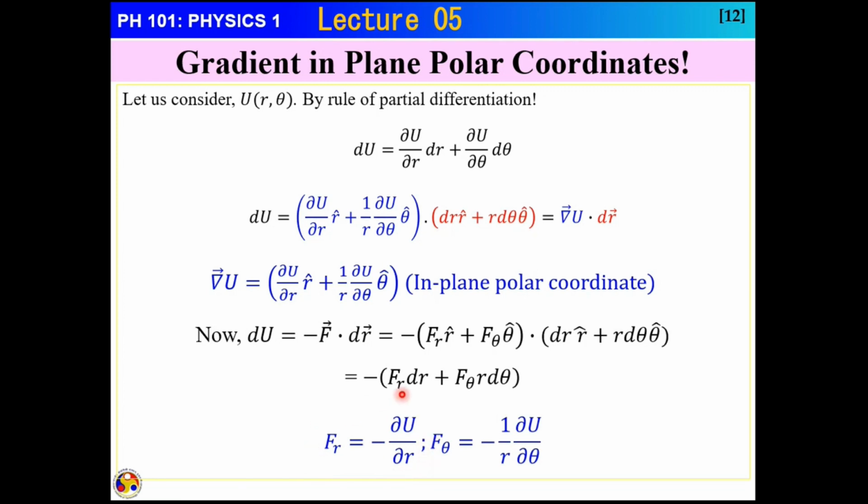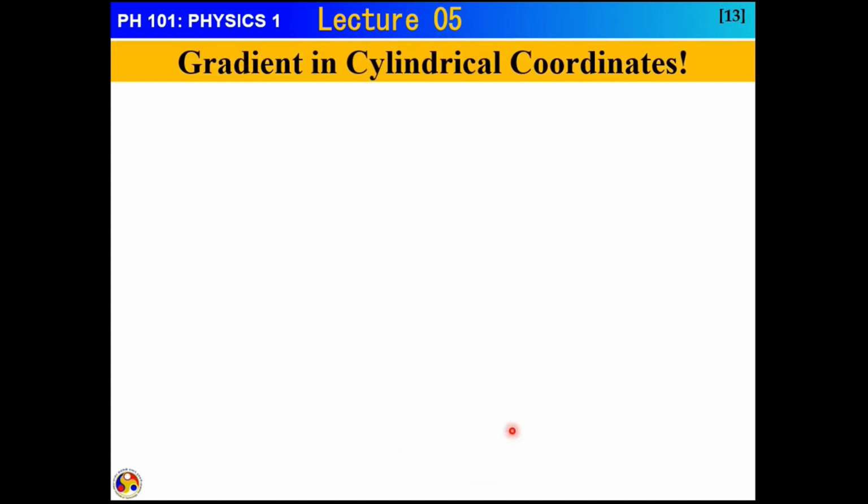The force along the radial direction is minus the rate of change of the potential energy along r direction. F theta is the rate of change of the potential energy when we are changing theta by a small amount, and then the length will be r d theta here. That's how it is written.